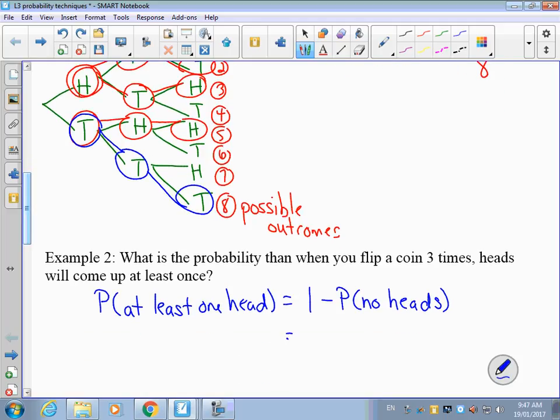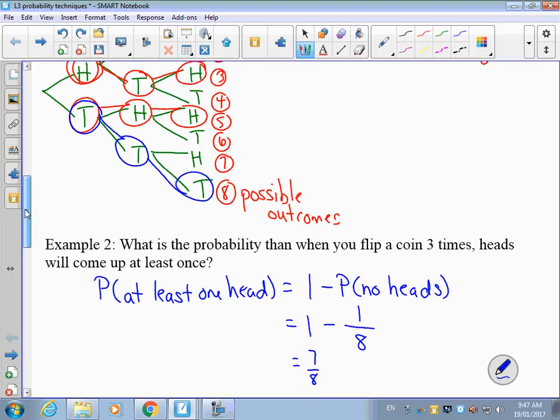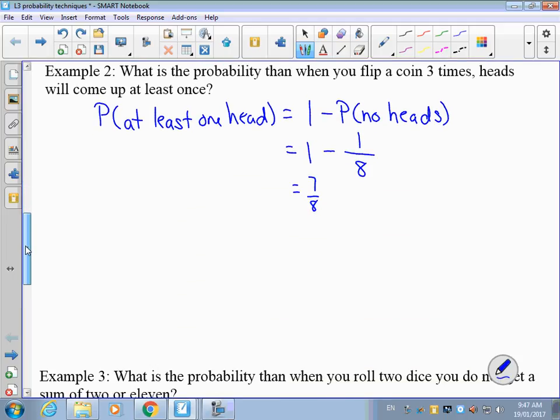So I would have 1, and there's only 1 possible way to get no heads out of 8 total outcomes. So 1 whole take away 1/8 is 7 out of 8. So the probability of at least getting 1 head is 7 in 8. So fairly good odds, which should make sense.